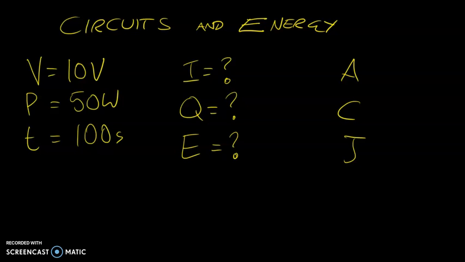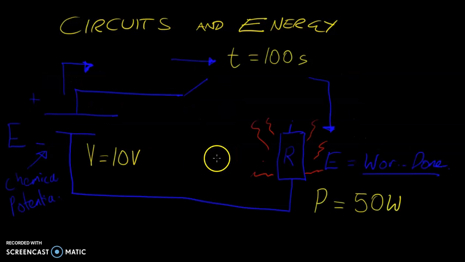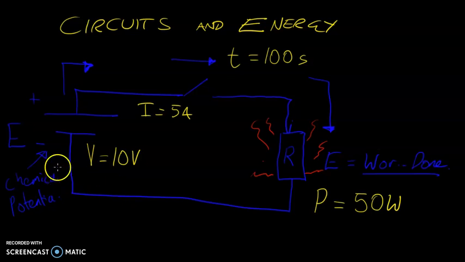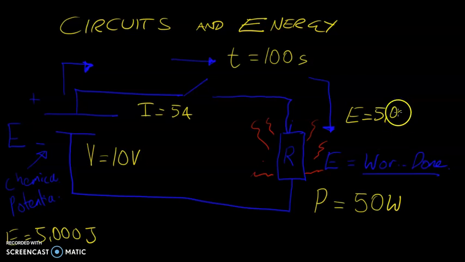And if we go back to our circuit, we can actually add those bits and pieces into our circuit. I seem to have lost a little bit of our circuit there. Let's put that back. So we have I equals 5 amperes. We have energy at this side. Energy supplied is 5,000 joules, and then the work done, of course, is also 5,000 joules.